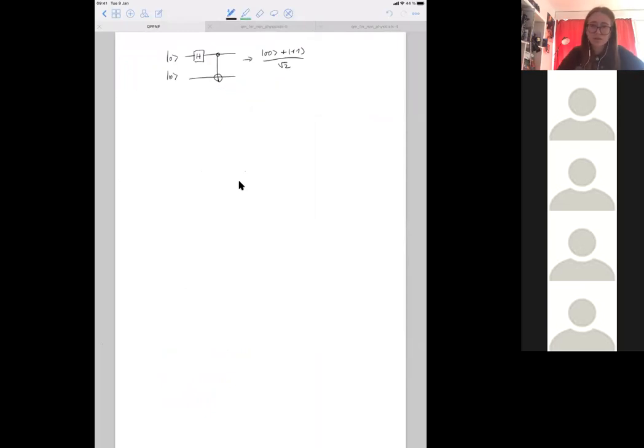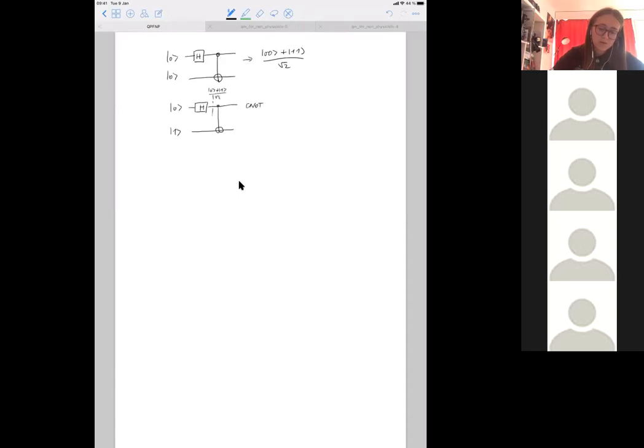Then the next question is, what if I have qubits which start in state 0 and 1, but I apply the same combination of operations, Hadamard and a C-not? Then up to this point we get 0 plus 1 over square root of 2.